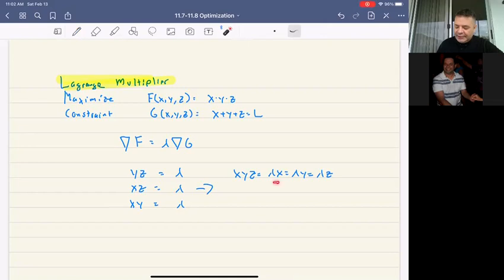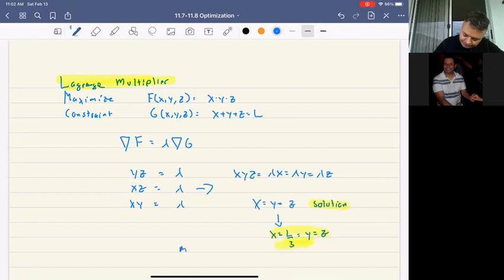Well, I'm getting again to my x equals y equals z solutions. That's really nice. Once I have x equals y equals z, they're all equal to L over 3, and that's going to be a max.